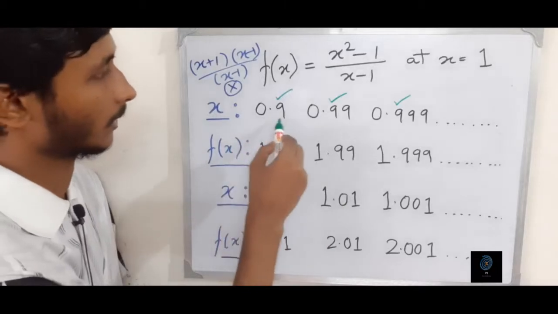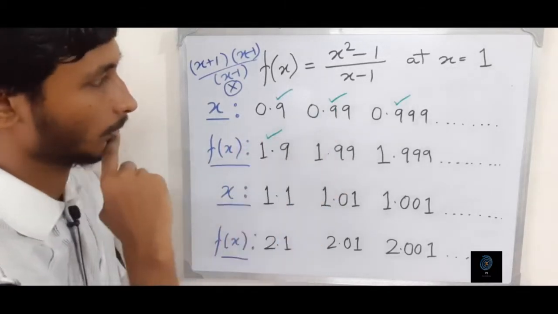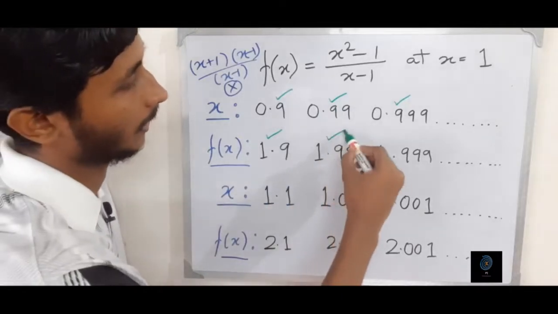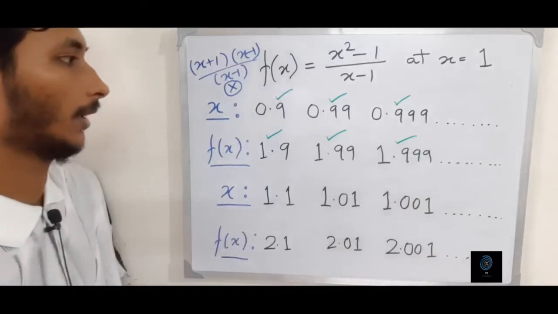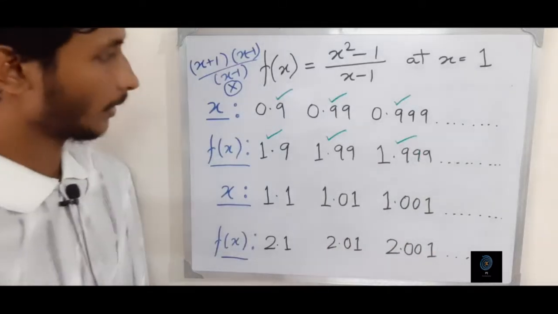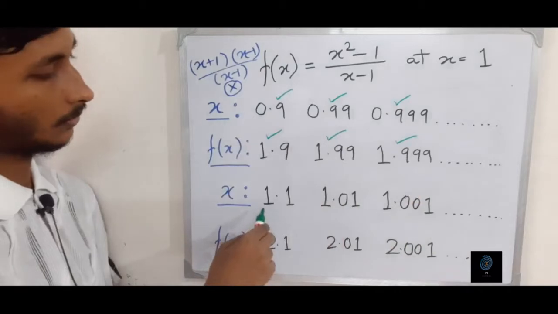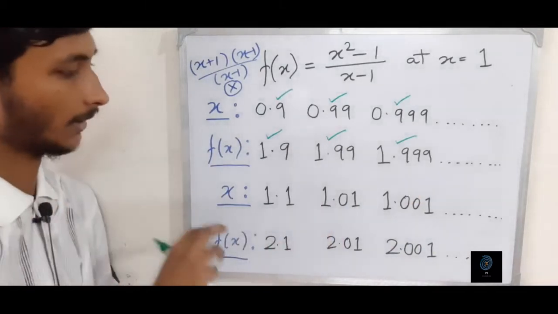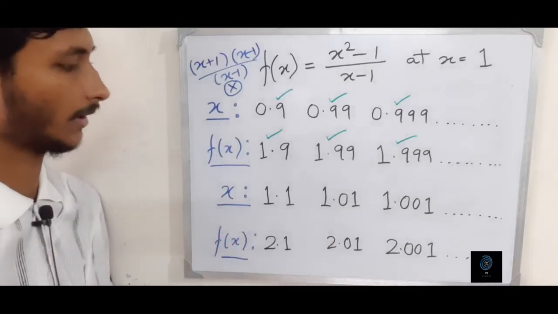Whenever we put x is equal to 0.9, we get f(x) as 1.9. Whenever we put x is equal to 0.99, we get f(x) equal to 1.99. For this value of x, we get f(x) is equal to 1.999. Again, all these x values are less than 1. Now we try to approach x from the greater side, that is from values which are greater than 1.